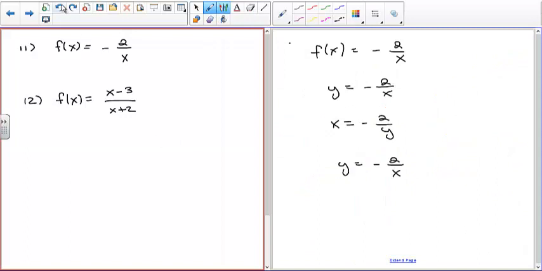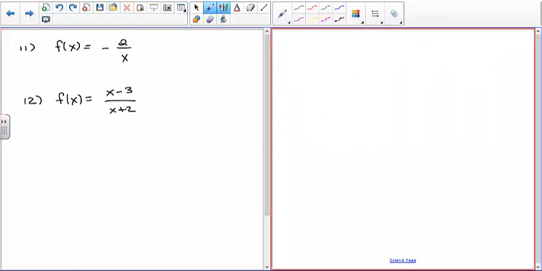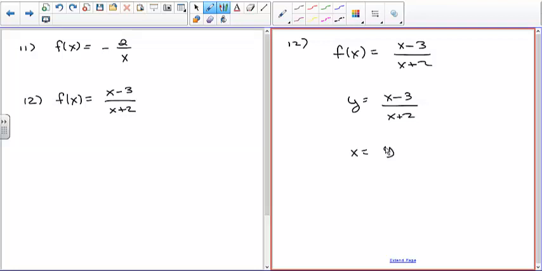And then finally, number 12 should be interesting. So we're going to say f of x equals x minus 3 over x plus 2. Substitute y for f of x. Switch x and y. So how do we solve for y? Well, we'll create these two ratios and cross multiply.